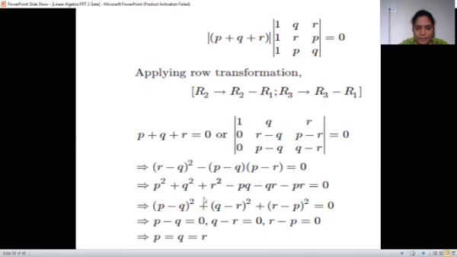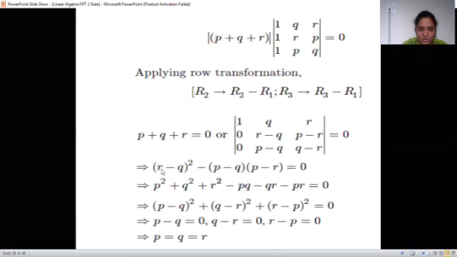So it will be (P minus Q) square plus (Q minus R) square plus (R minus P) square, and that is equal to 0. So what we can say is P minus Q is 0, Q minus R is 0 and R minus P is 0. So P is equal to Q, Q is equal to R and R is equal to P.